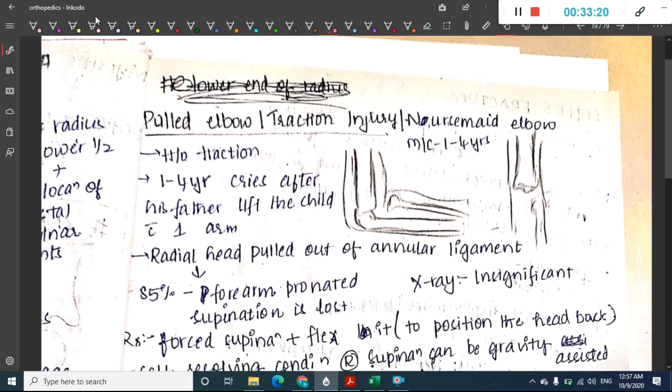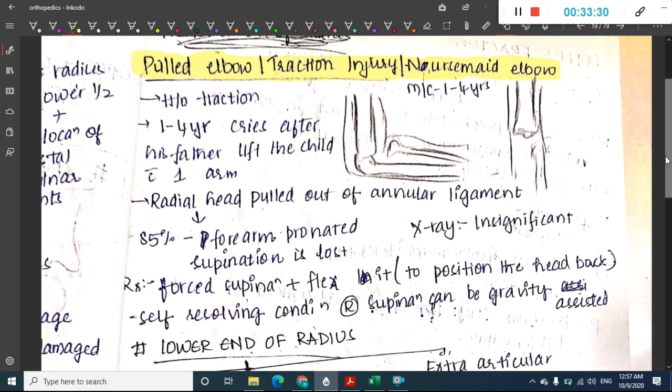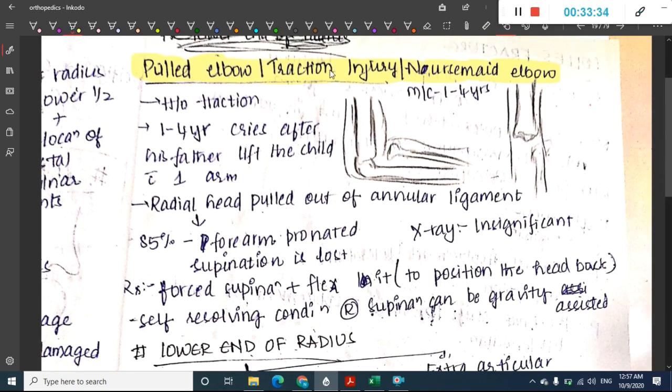Then the next thing is called pulled elbow, or traction injury, also called nursemaid elbow. It is most common in children, 1 to 4 years of age, with a history of traction.